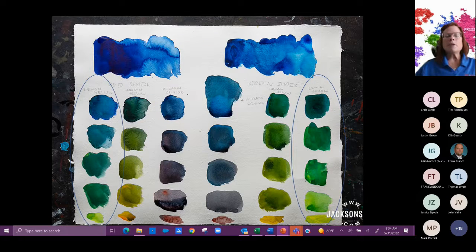So I mentioned the difference between a warm green and a synthetic, or a natural green and a synthetic green. So this is just a little bit of an example that I wanted to share with you about how to get there. On the left-hand side is the alpha blue, and then when you mix it with a lemon yellow shade, and you can go down the line there and start to see that the green that you are developing is a more natural looking green when compared to the right-hand side, which is the beta blue.